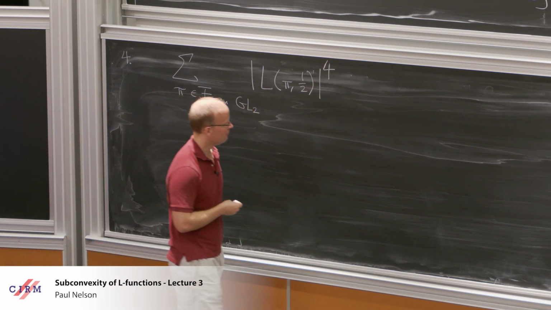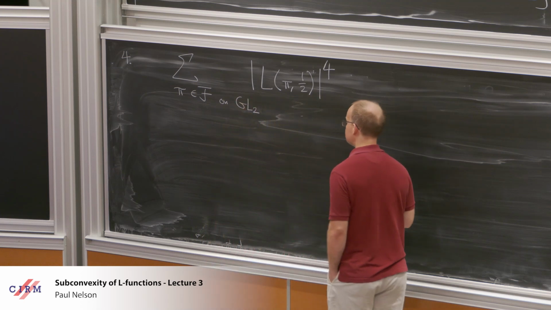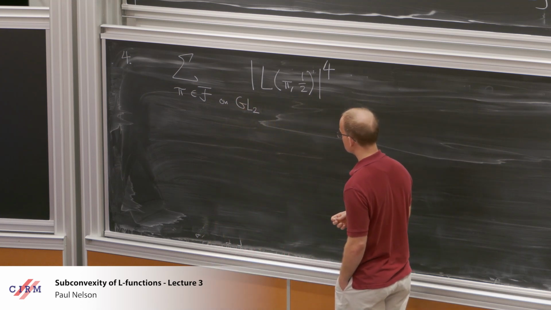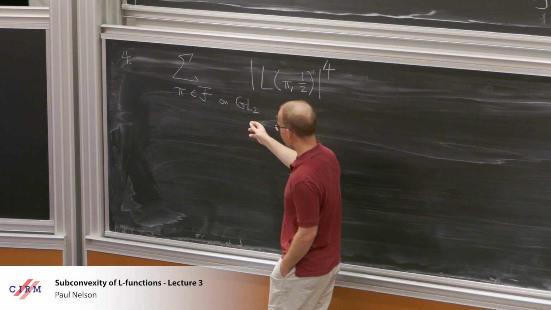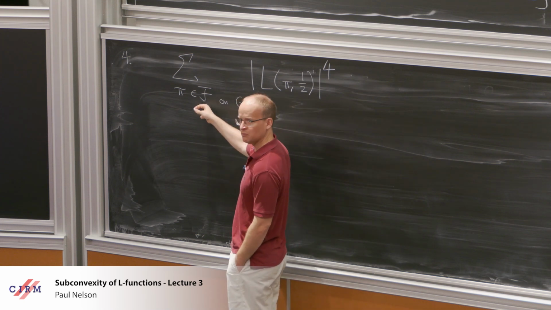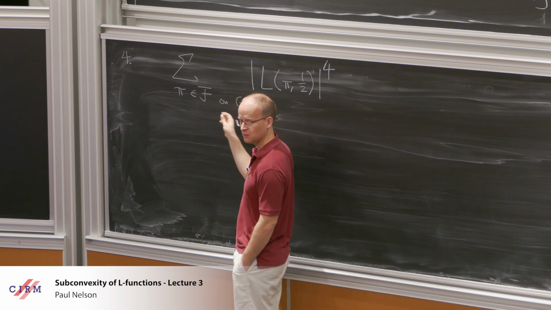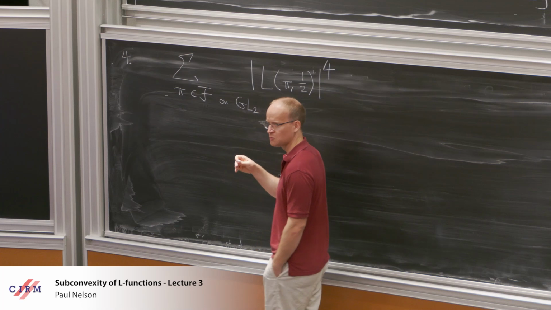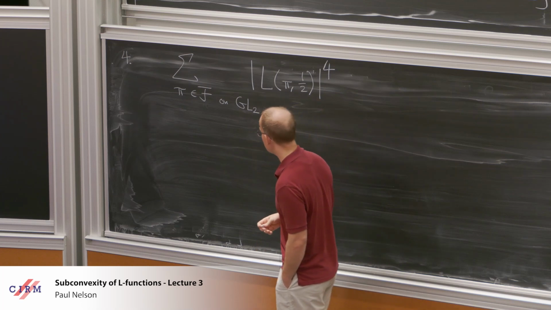That would be one class of examples. Now it's a bit tricky to say whether the family should be thought of as short or long. We'll just treat some examples where we'll see what we mean in cases.